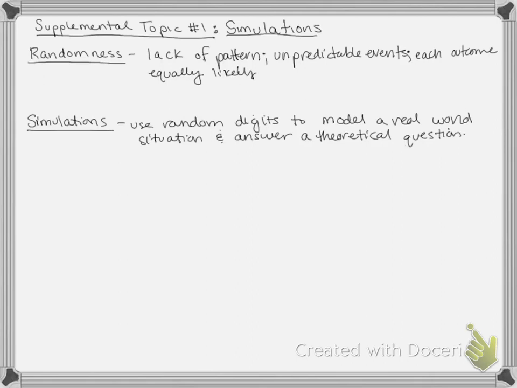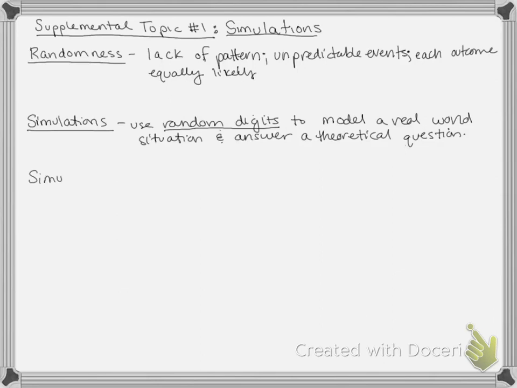So we use random digits, so random numbers, to model real-world situations. What I'm going to show you are the steps for simulating by hand, and then I'm going to do a little example on the next slide.